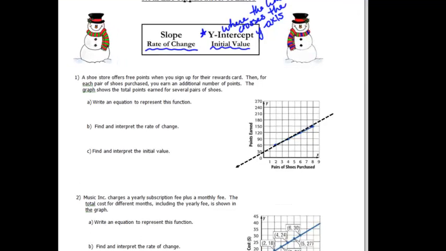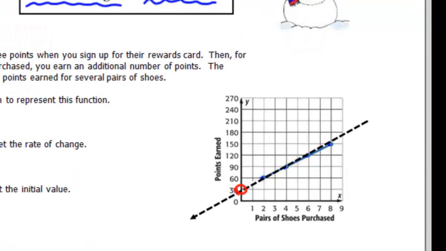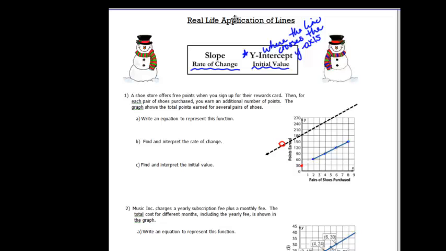It would intersect the y-axis at the point 30, where the line would cross if I had 0 shoes purchased. So if I purchase 0 shoes, I have 30 points. I think what that's saying is the store will start you off on your card with 30.